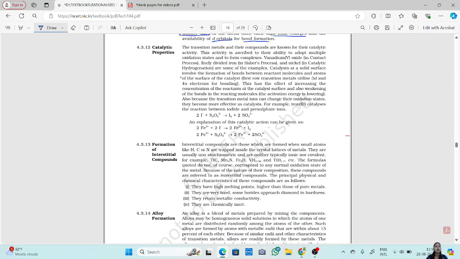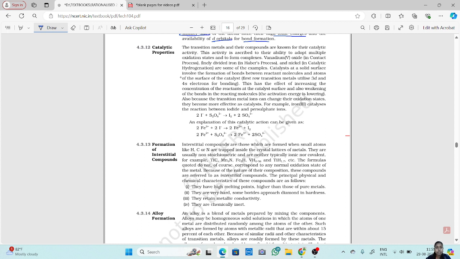Okay. Now, the catalytic property. What is a catalyst? Catalysts are the ones which speed up reactions. For example, for any kind of reaction, if you want to increase its speed, you will use a catalyst which will not be involved in the chemical reaction, but it will make the reaction take place faster.